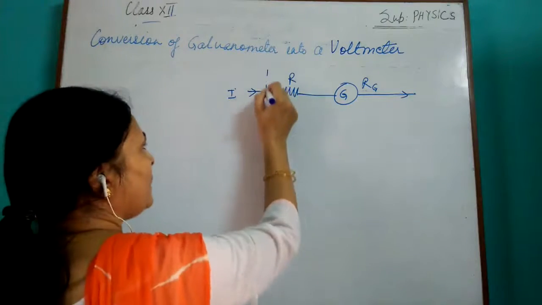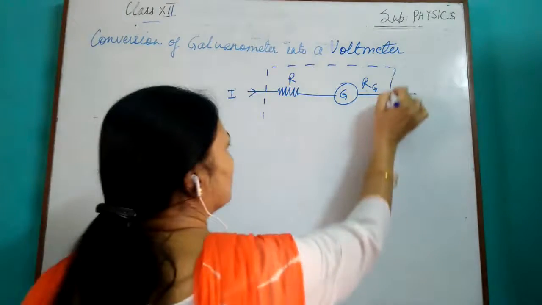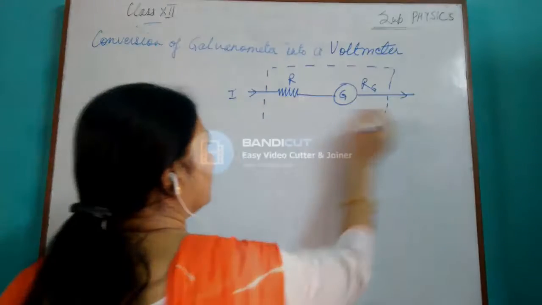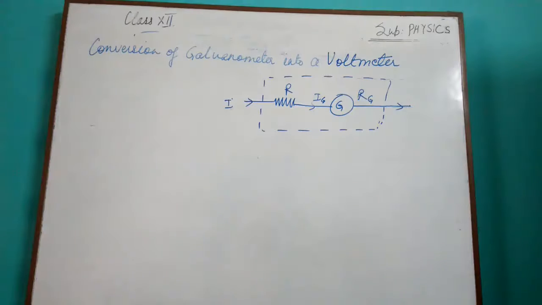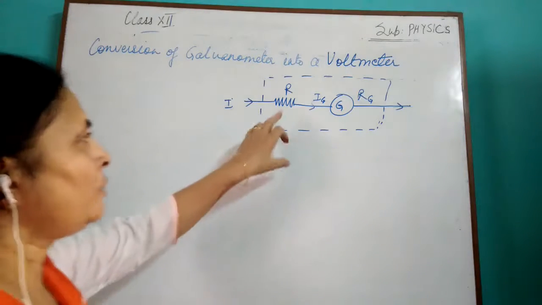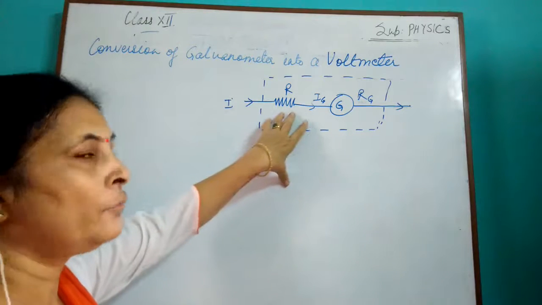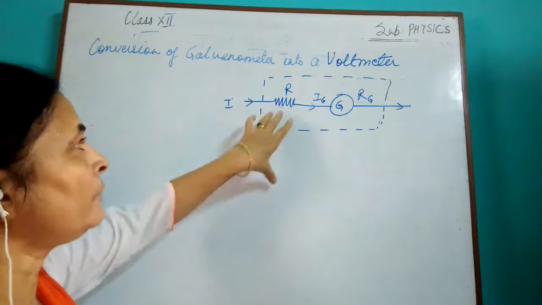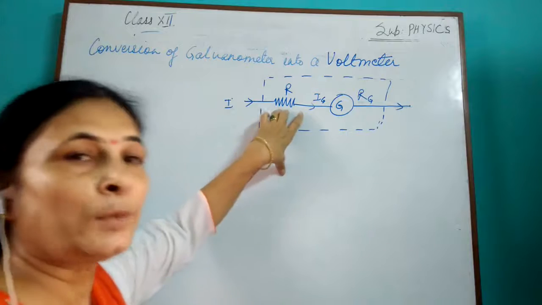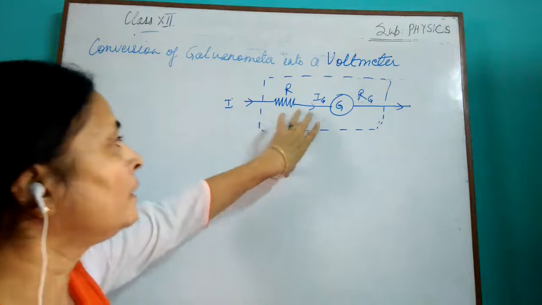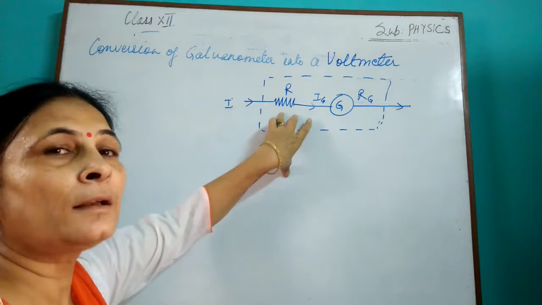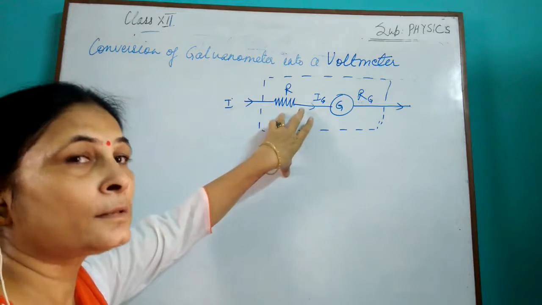Now this combination will work as a voltmeter. Now we have to see how much resistance is to be connected. See, in series you know that the current remains the same.